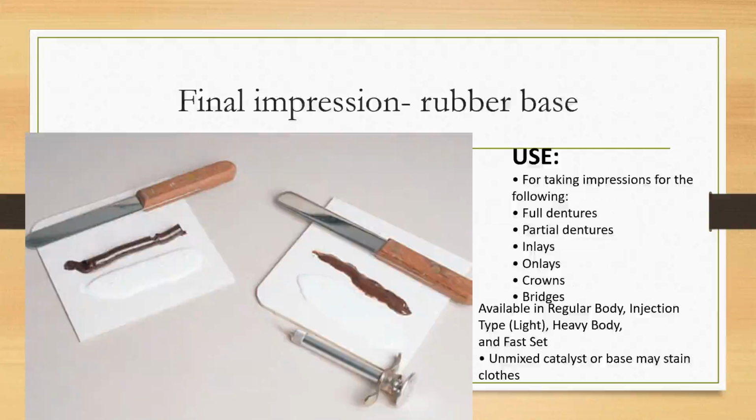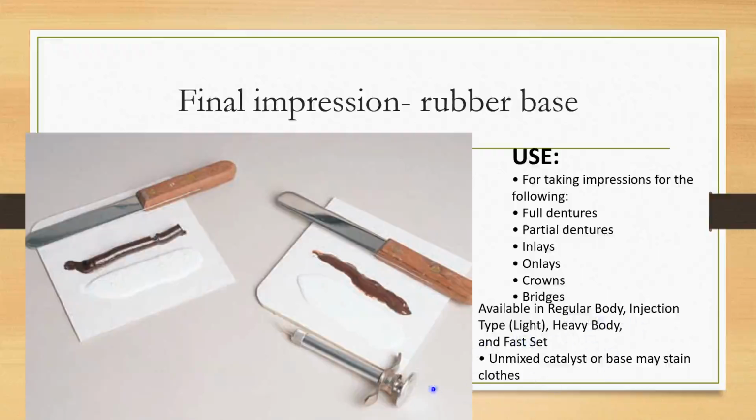Another impression material that we've got is the final impression material, or the rubber base. The rubber base is very expensive compared to alginate. It's used for taking impressions for full dentures, partial dentures, inlays, onlays, crowns, and bridges. It's available in regular body, injection type, which can be light body, and also heavy body.